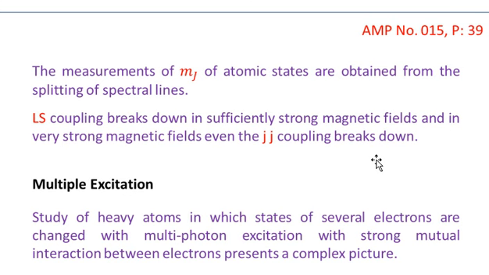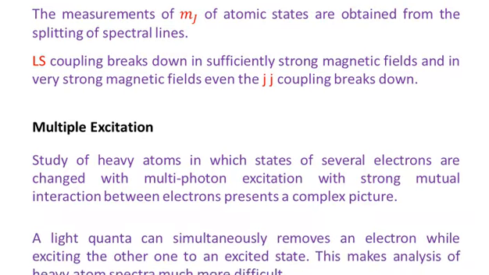That's why the jj coupling will also break down in the case of much heavier atoms, and of course some other coupling techniques will then be applicable. And even if you have a moderate atom, and if you apply a stronger magnetic field, you can treat those atoms in the category of jj coupling. But if your magnetic field is much stronger, then the jj coupling for such atoms also breaks down.